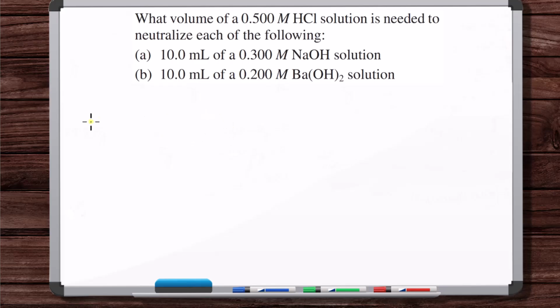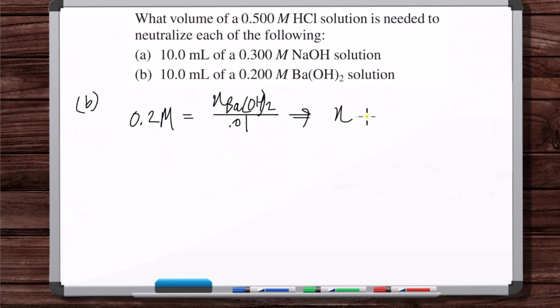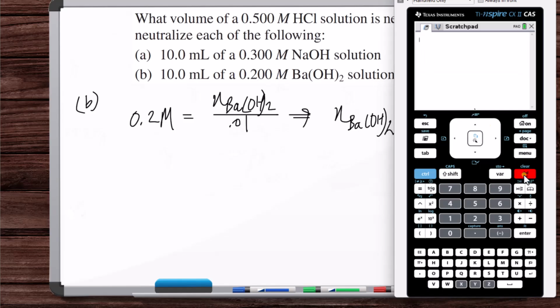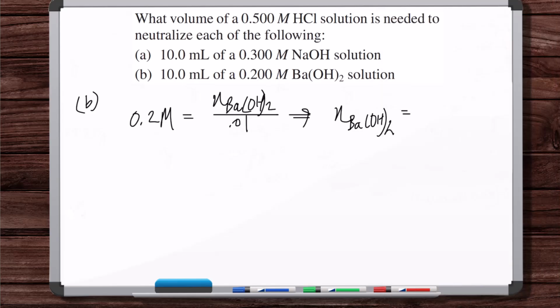So, okay, we can just get the number of moles of barium hydroxide, so 0.2 molarity, 0.01, so we've got, let's see, 0.01 times 0.2, 0.002.